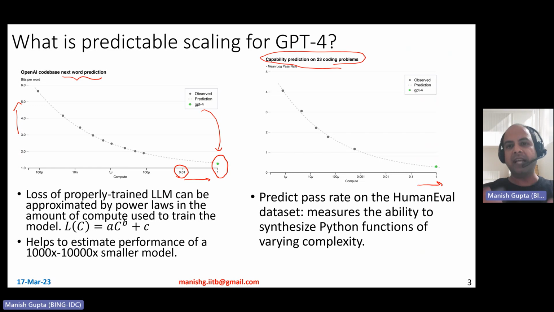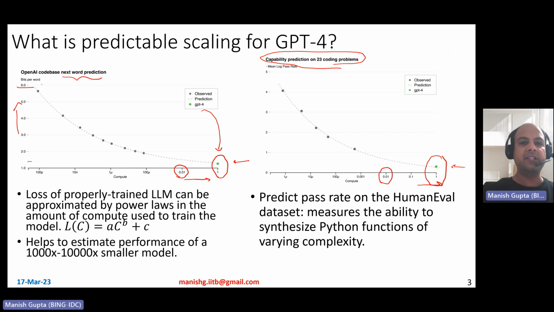And the y-axis here is essentially some sort of accuracy metric on 23 different coding problems. So it's the inverse of the accuracy metric. The idea is that if you have the GPT-4 model, you have the best accuracy or the lowest loss. But if you scale it down to, let's say, a 100x smaller model, then you expect that the accuracy drops by some percent, or essentially the loss increases by some value.